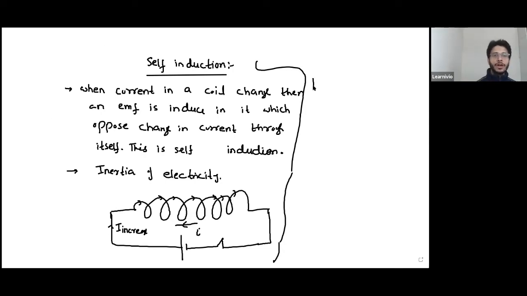So flux linked with the coil, phi, is directly proportional to the current through the coil. If I remove the sign of proportionality, I will use a constant L and this phi will be equal to Li.